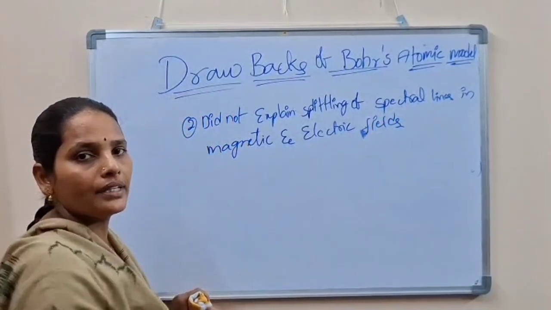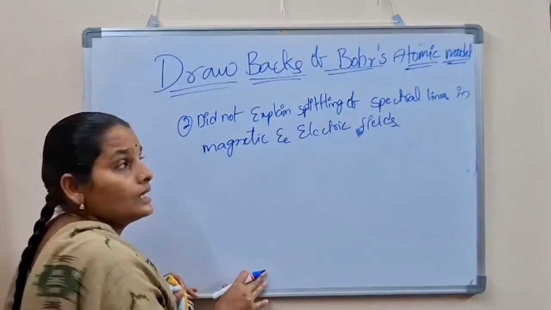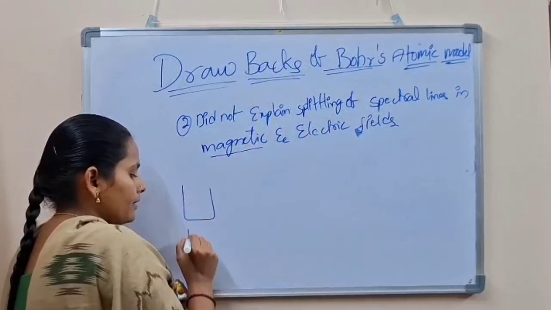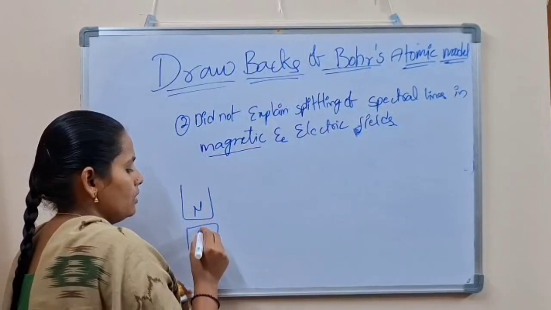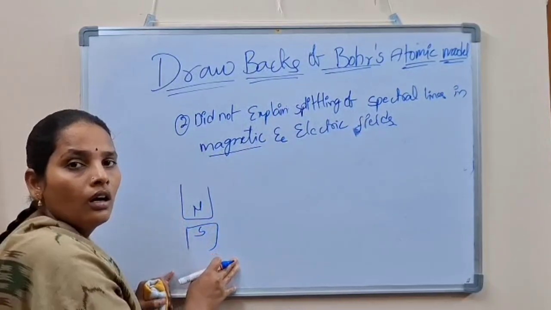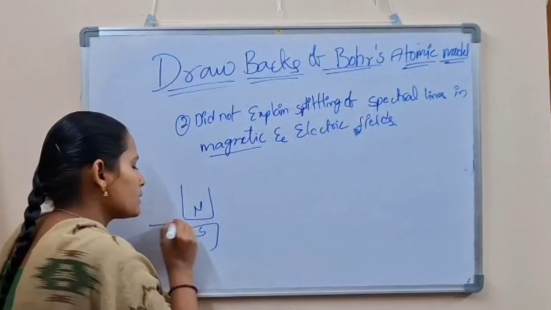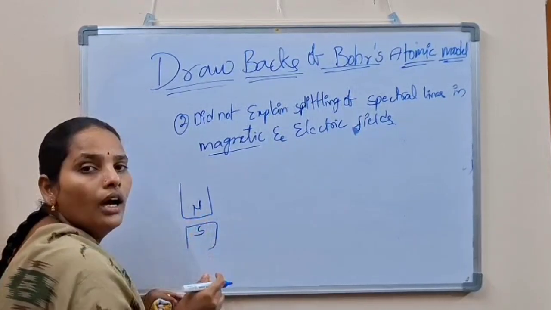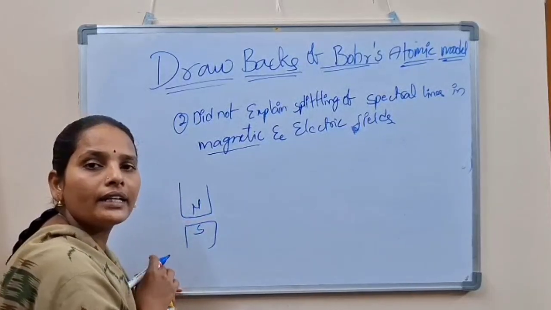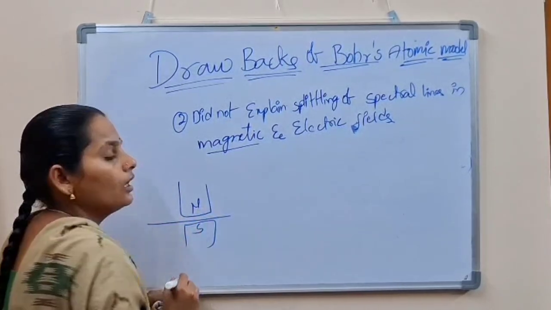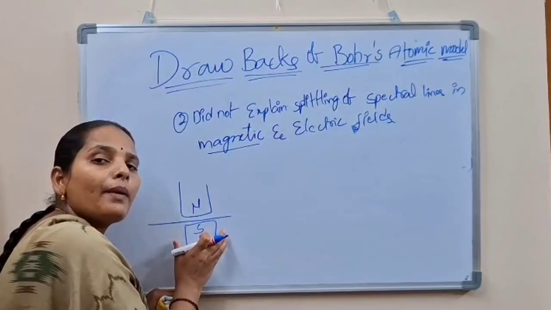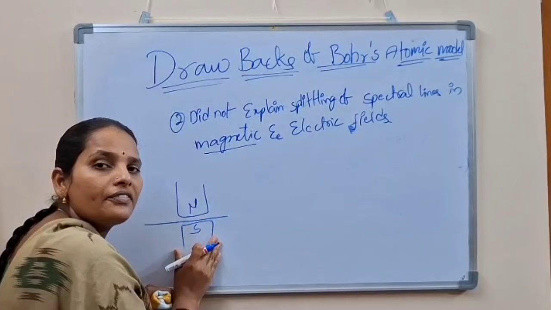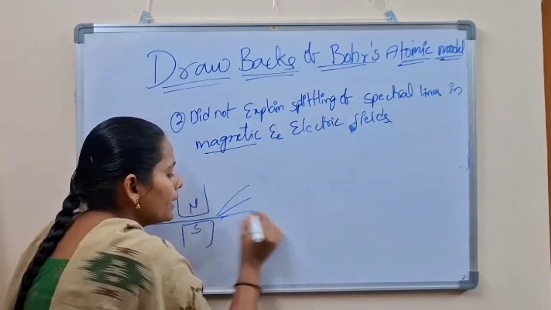Let's see how it works. Firstly, the magnetic field. If you take a magnet, this is the South Pole. If we pass a spectral line in a magnetic field, after reaching the field, it can split into multiple lines.